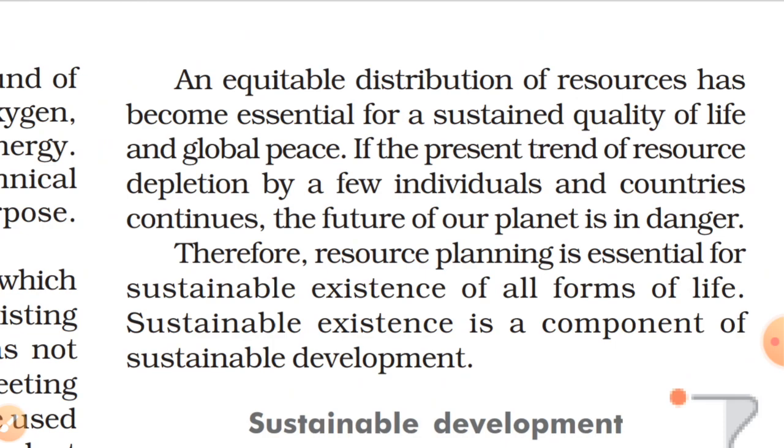Sustained meaning you can continue it. Quality of life meaning the life you are living with a given quality, like you have food, shelter and clothing, to a proper basic level, basic needs are being fulfilled.